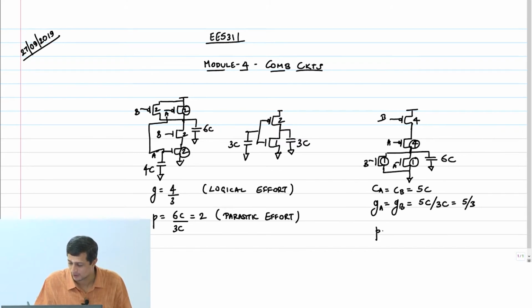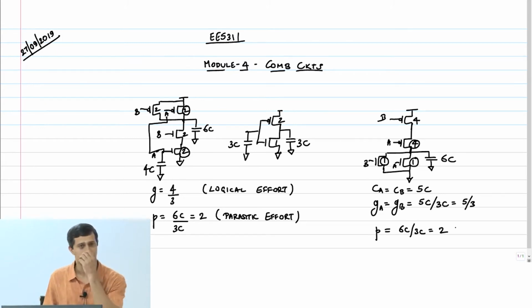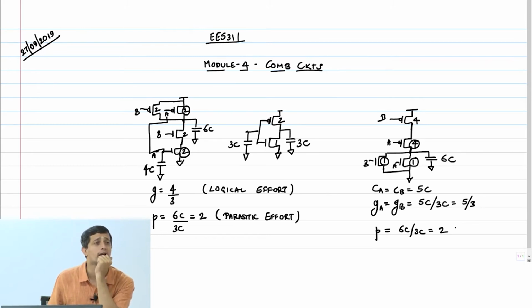And parasitic effort is obviously not dependent on the input, it's only the output diffusion capacitance that we are counting, right? P is going to be 6C divided by 3C, you get a parasitic delay effort of 2. Okay. So what is the logical effort for an n input NAND gate and an n input NOR gate? Can you calculate that now?